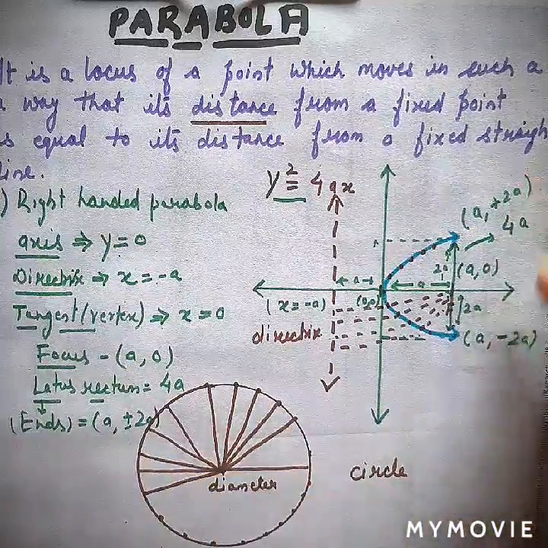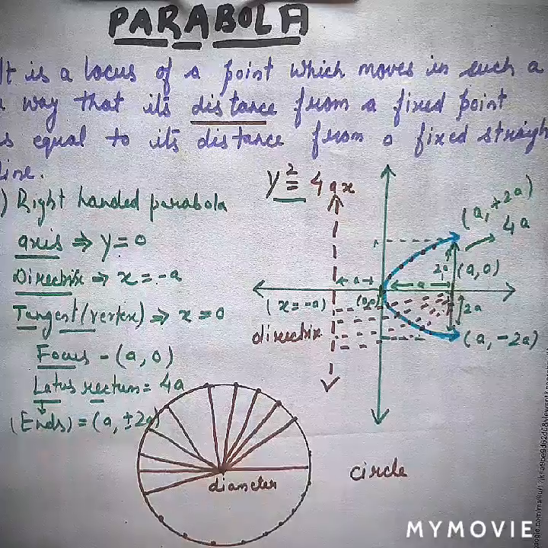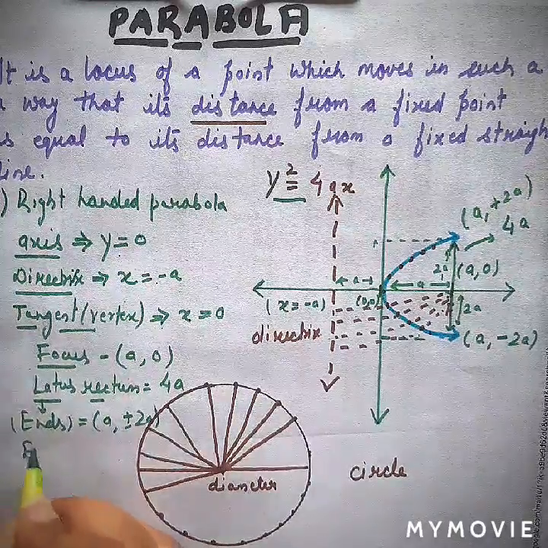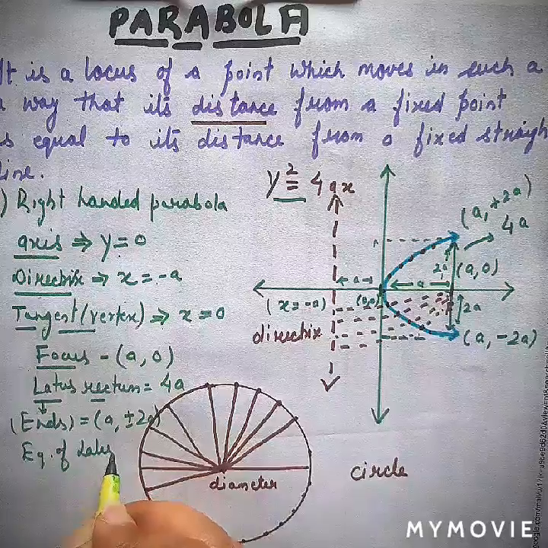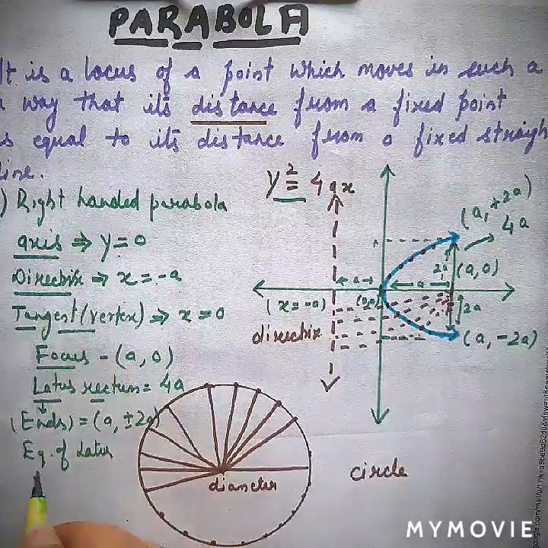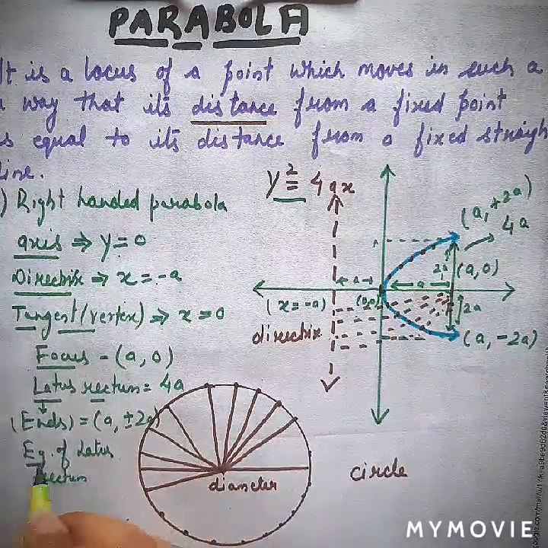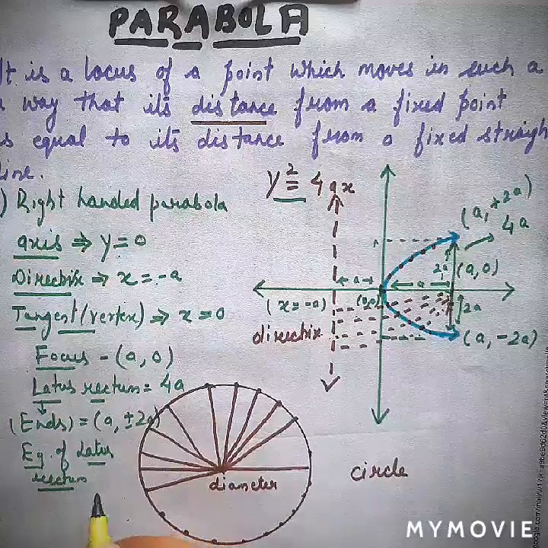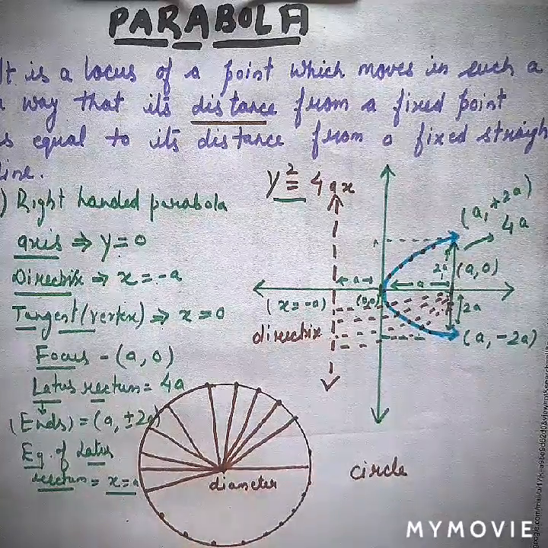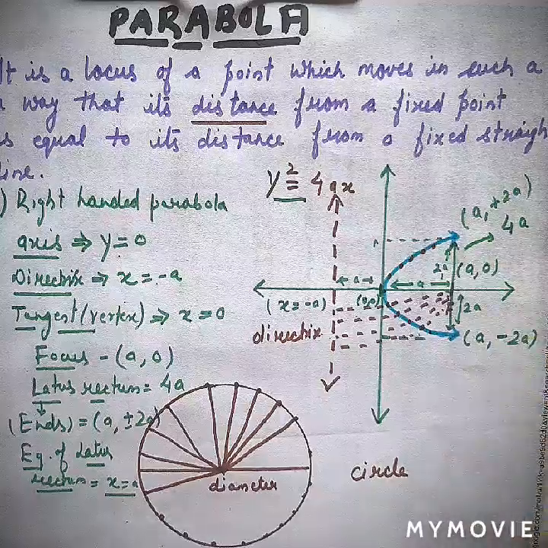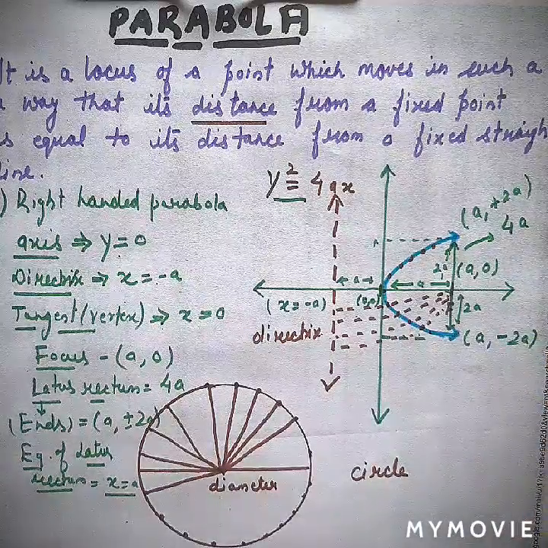I have combined both the cases, plus minus 2a. And the equation of the latus rectum will be equal to x is equal to a, right? x is equal to a will be the equation of a latus rectum.